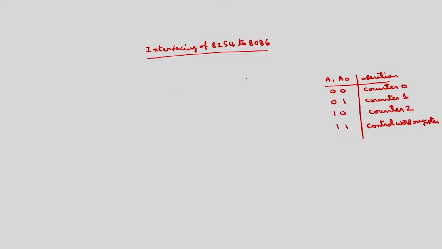So if I take this 8086 and 8254, this is 8254, this is 8086.